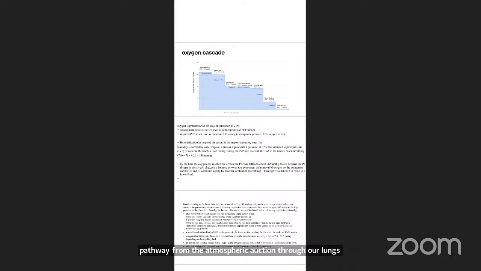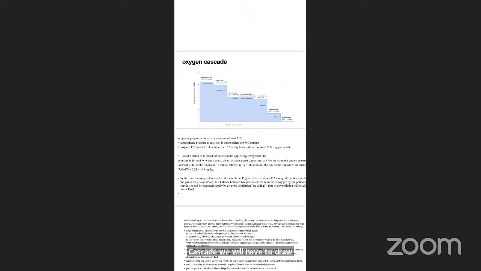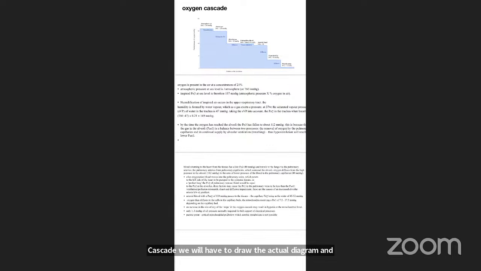So the pathway of oxygen from the atmosphere all the way till the mitochondria is the oxygen cascade. We will have to draw the actual diagram and label it. It will be much better if we can do that and then explain the oxygen cascade.